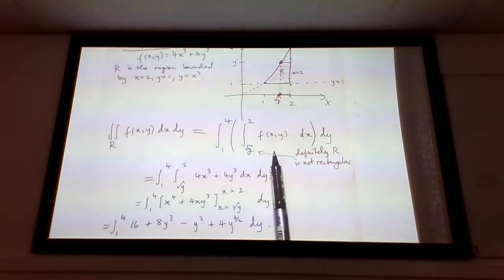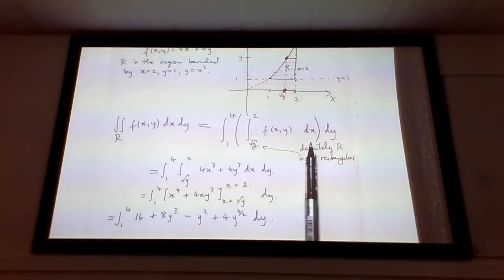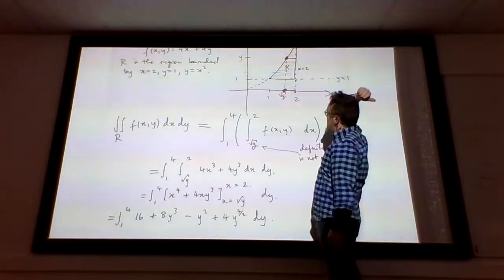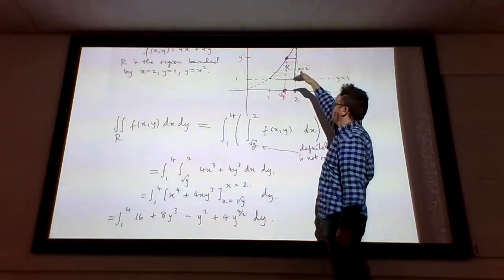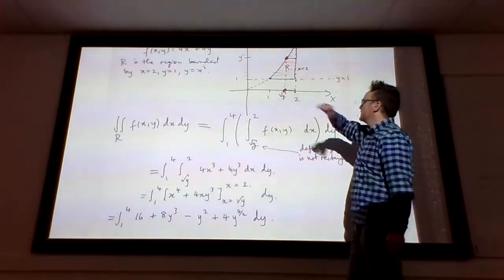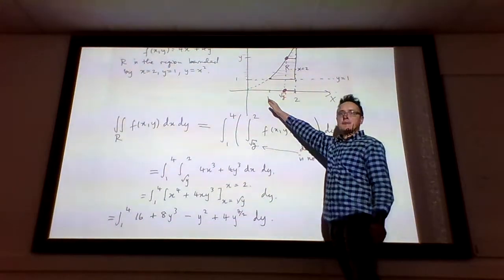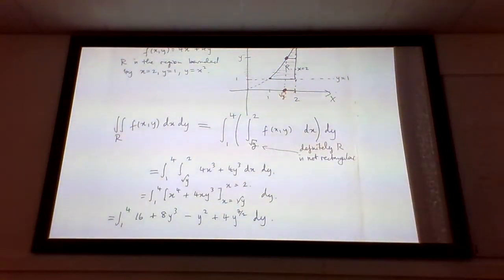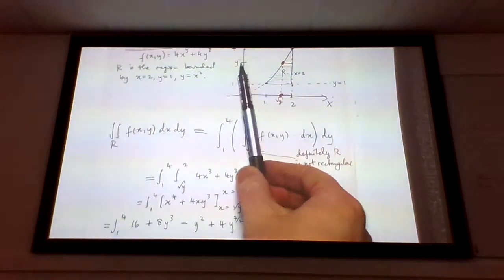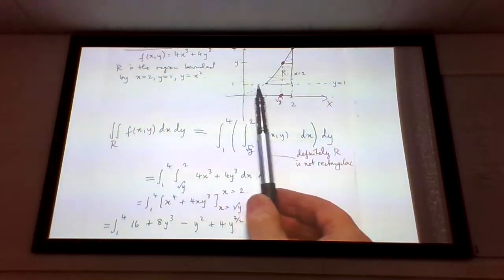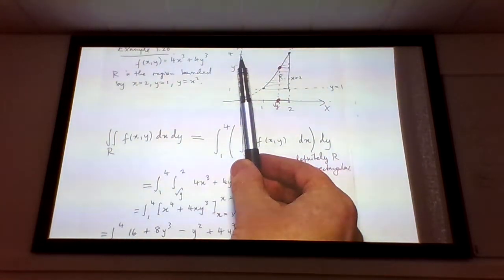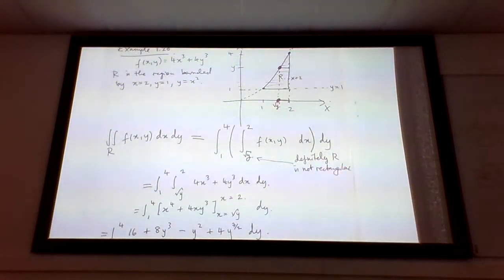Remember, the interpretation we gave last time was that this inner integral with respect to x is the area when you take a slice down through the volume, or a cross-section of the volume parallel to the x-axis. But it's located at a particular value of y. And so the size of the cross-section varies as you move from y equals 1 up through y equals 4. To get very close to y equals 4, you've got these tiny little, extremely narrow cross-sections.